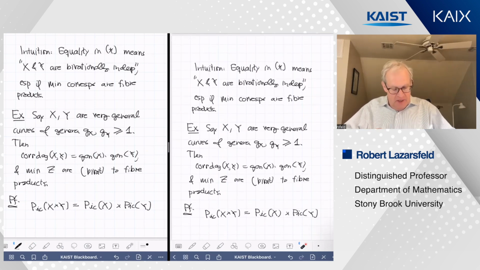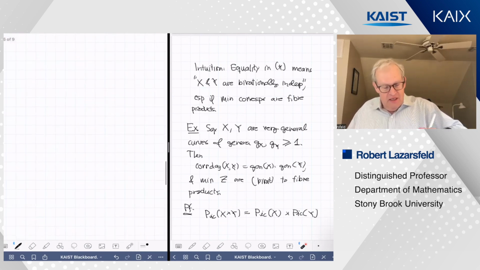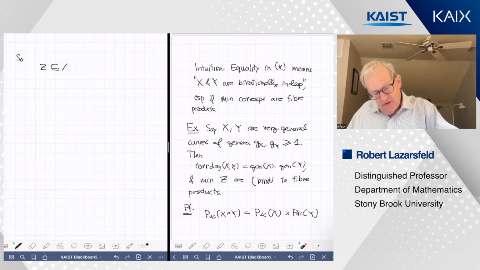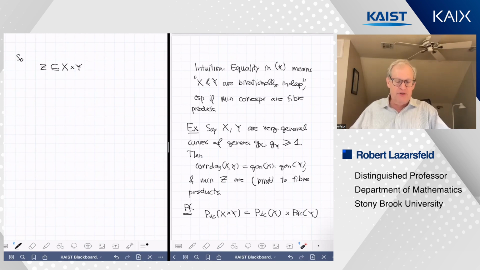So what does this mean? If we look at z, or rather the image of z, but I'm just going to call it z, it is some curve in the surface x cross y. The only line bundles on x cross y are of the form a line bundle on x pulled up tensor a line bundle on y pulled up.